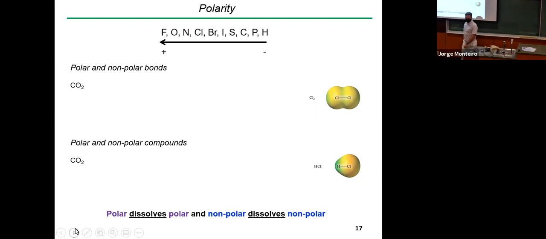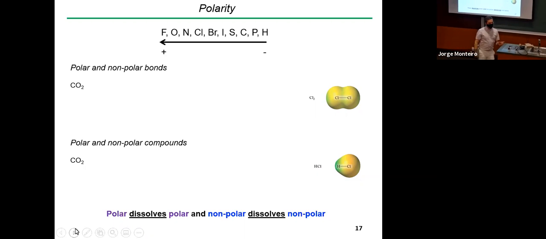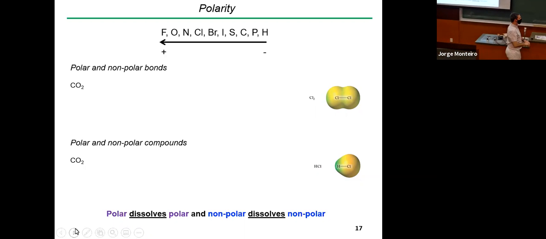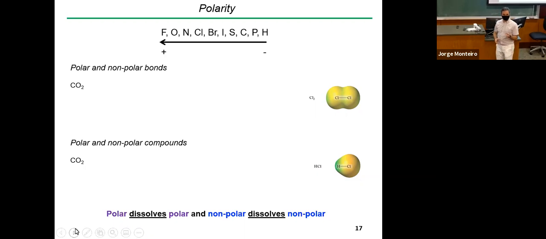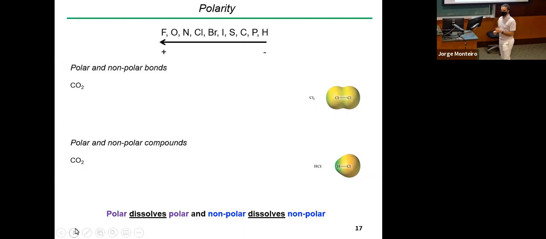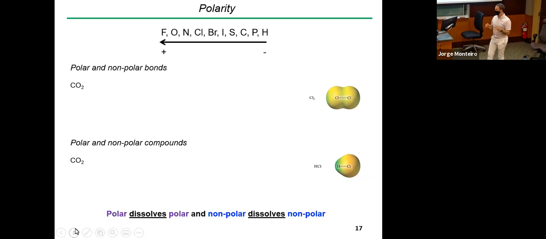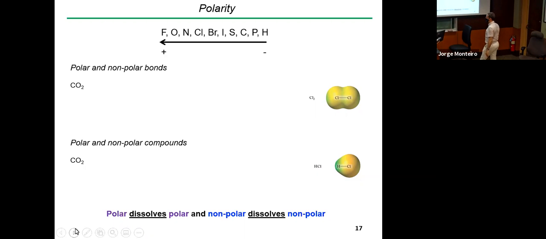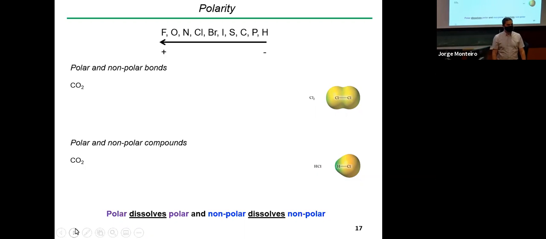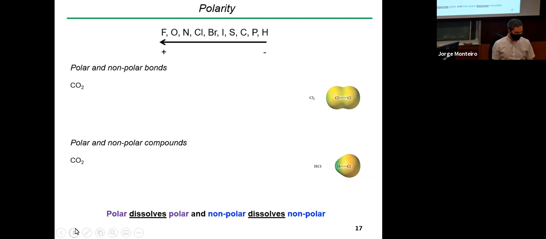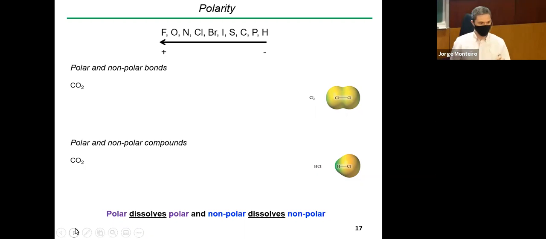So the carbon-oxygen bond is a polarized bond because of the electronegativity difference between carbon and oxygen. Is that mu? Yes, yes. That's the dipole moment.